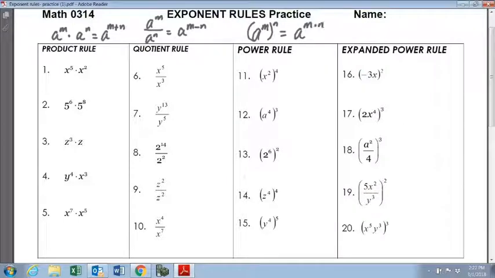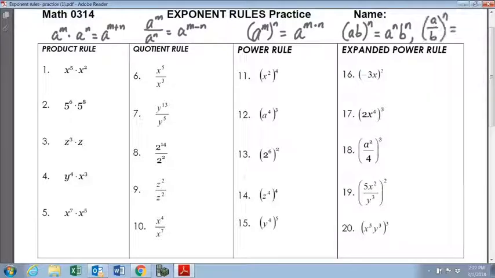And we've got the power rule, or I sometimes call it the power to a power rule, and that's the one where we multiply the exponents. And then we have the expanded power rule, where we have two numbers multiplied inside parentheses to some power. We can just take each of those numbers to that power. And the first new rule that I'm going to add is quite similar.